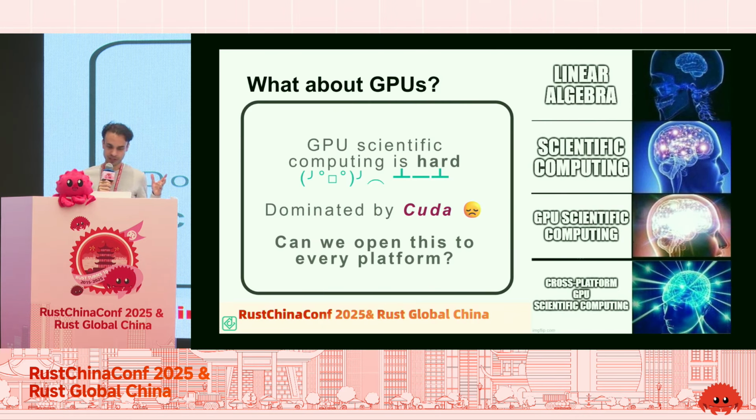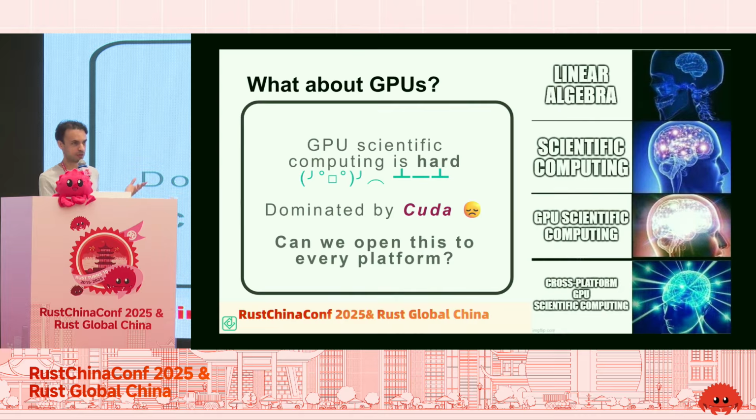And the second thing is that today, scientific computing is very much dominated by CUDA, at least in the field I've been working on. So in physics simulation, if you open a paper, you will most likely see that if it's about GPU computing, it will be based on CUDA. And this is for very good reasons, because CUDA has a very good ecosystem.